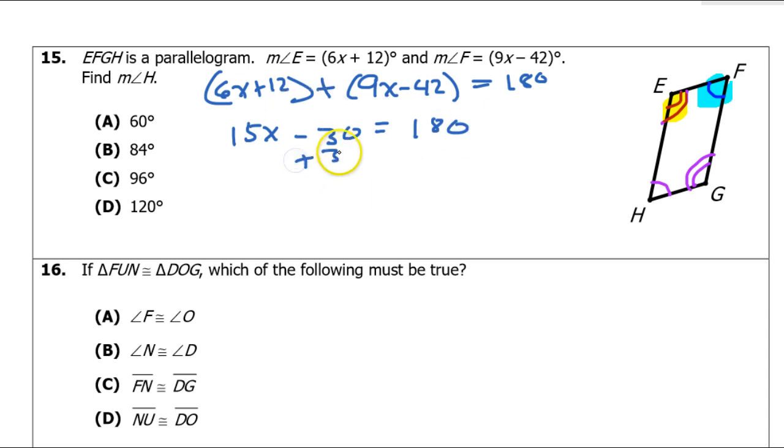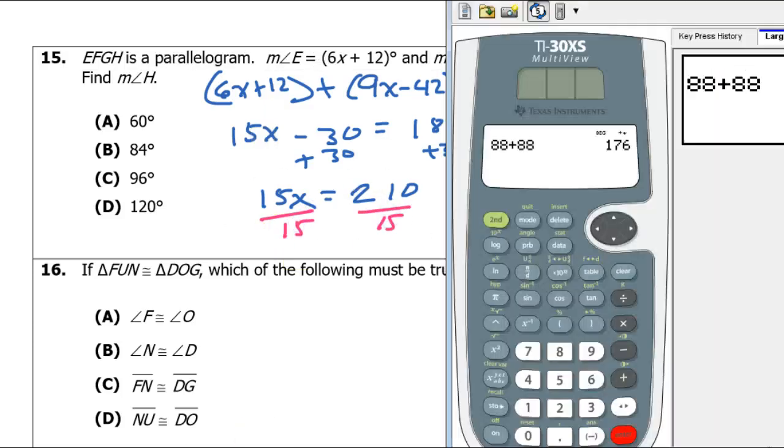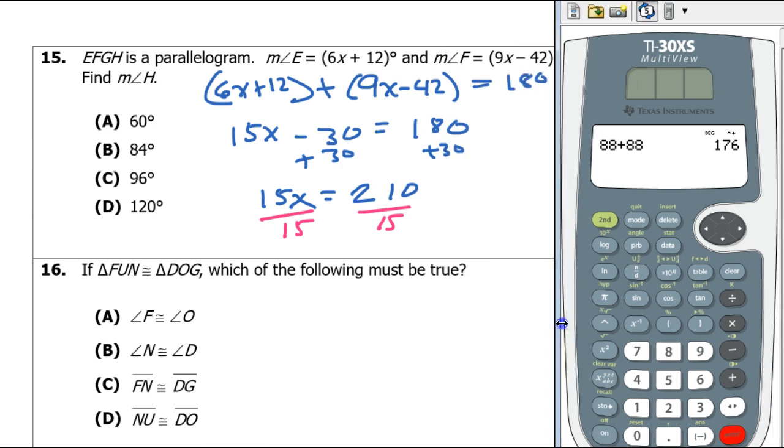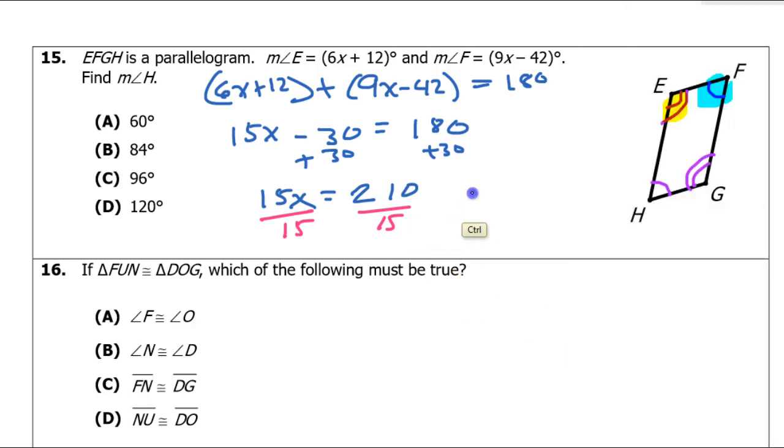Okay, then you want to add 30 to both sides. So that's going to give you 15x is equal to 210. And then it's time to divide both sides by 15. And that's 14.